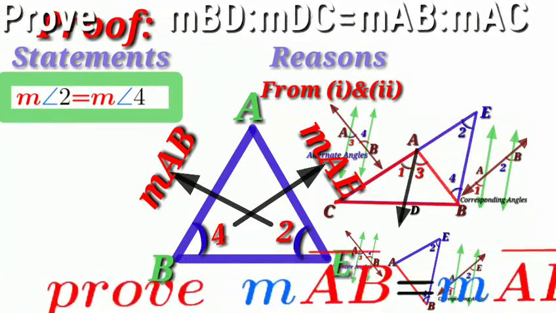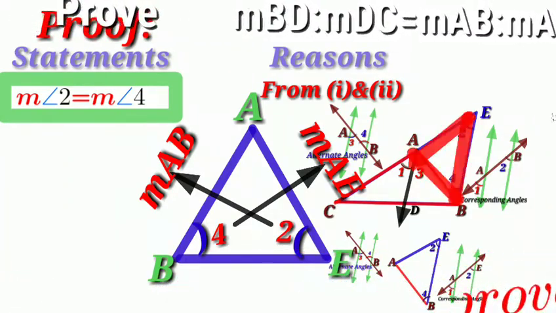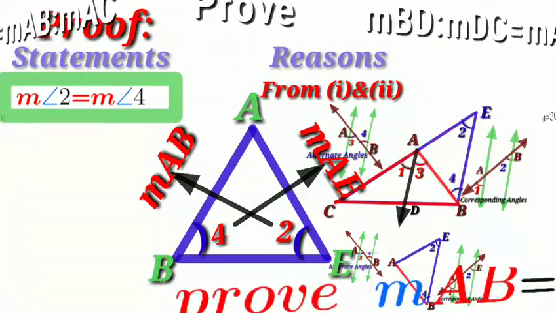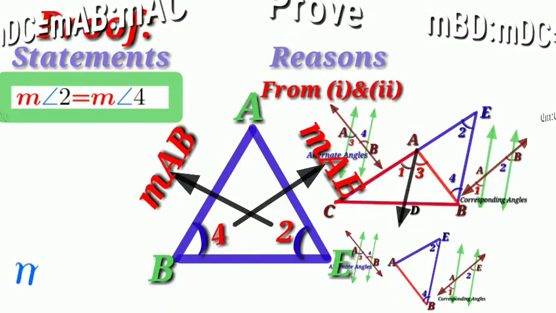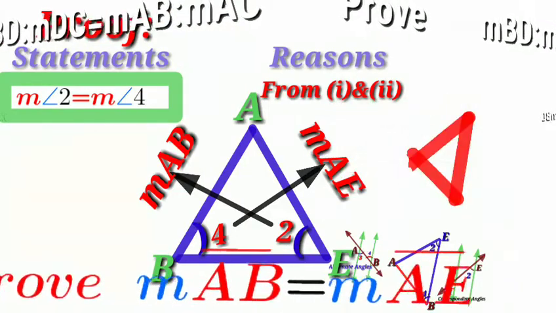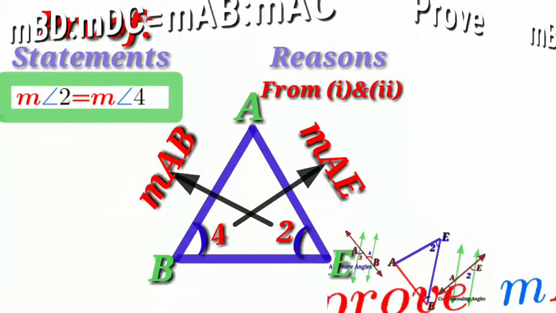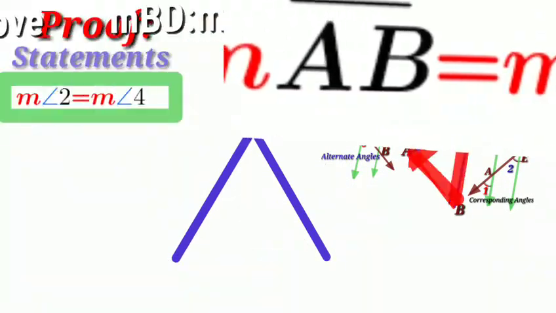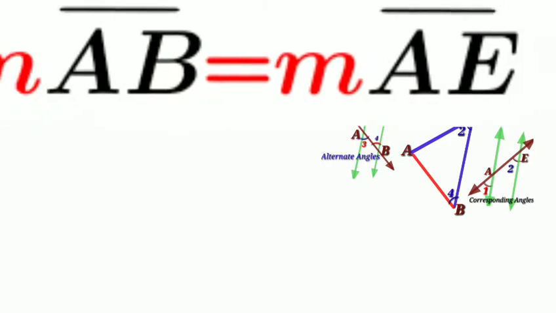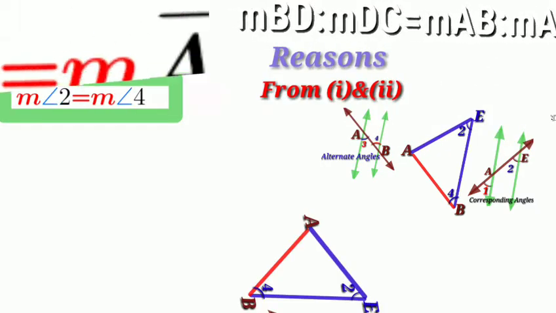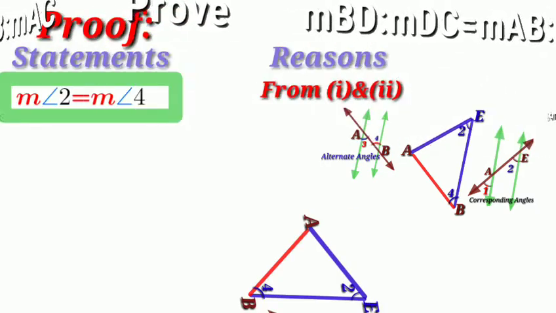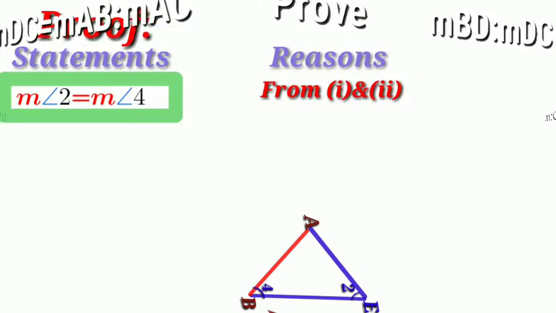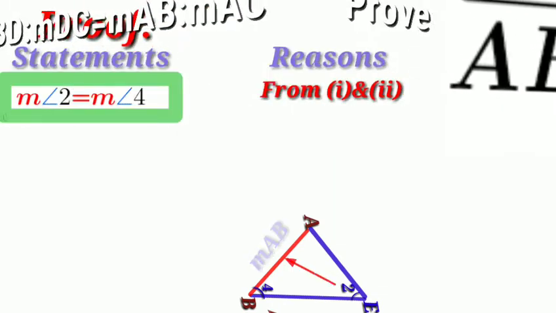When angle 2 is equal to angle 4, then side AB is equal to side AE. We know that when two angles are congruent in any triangle, then the opposite sides of the angles are also congruent.